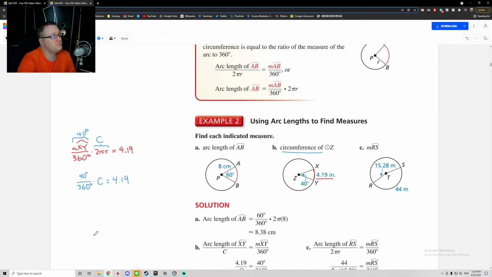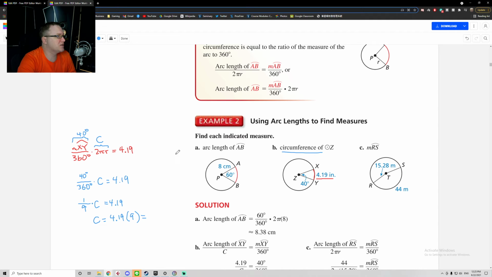Well, look, 40 divided by 360 is actually 1 over 9. So 1 over 9 times C equals 4.19, which means that C is going to equal 4.19 multiplied by 9.